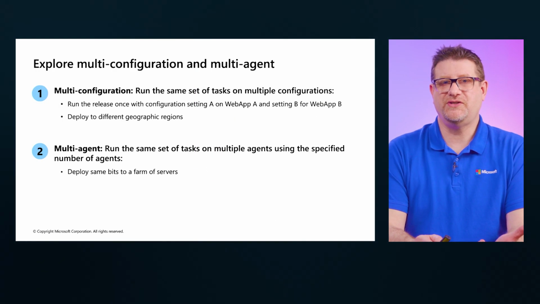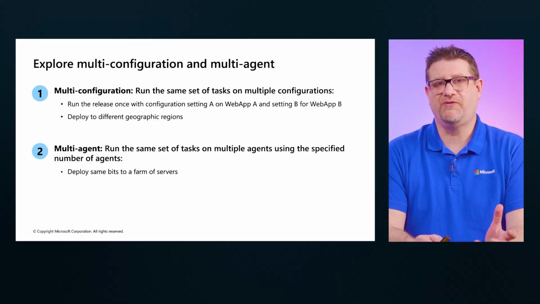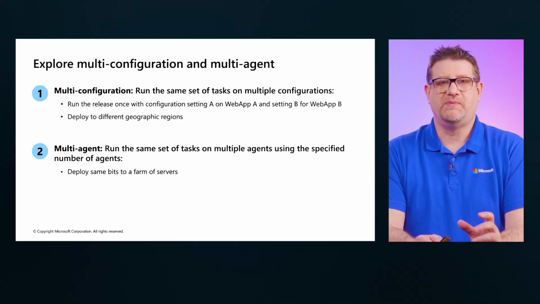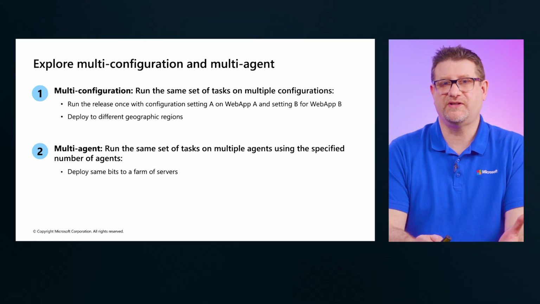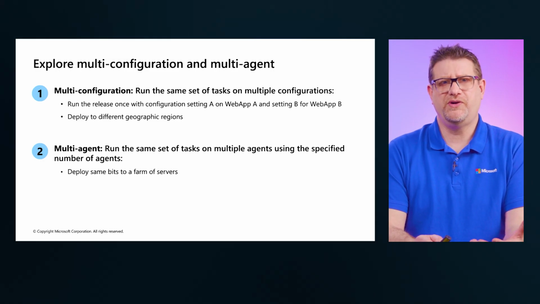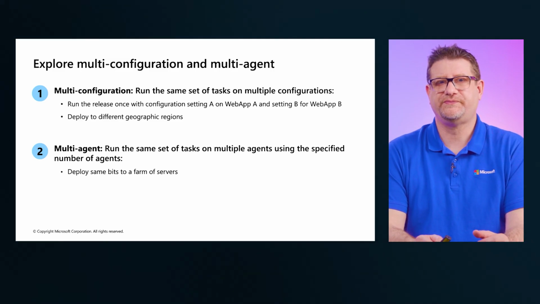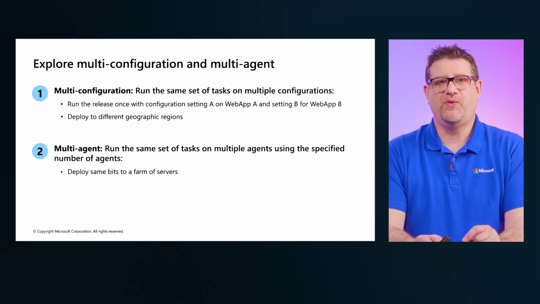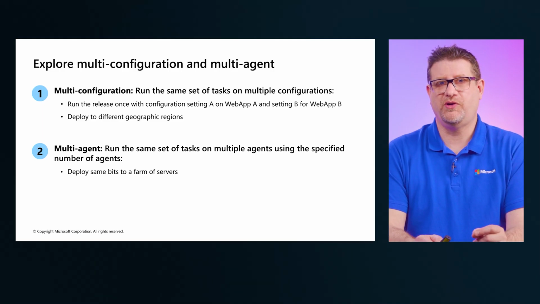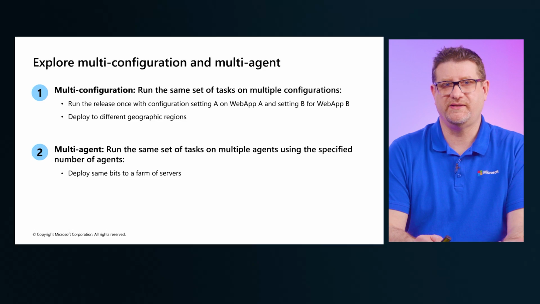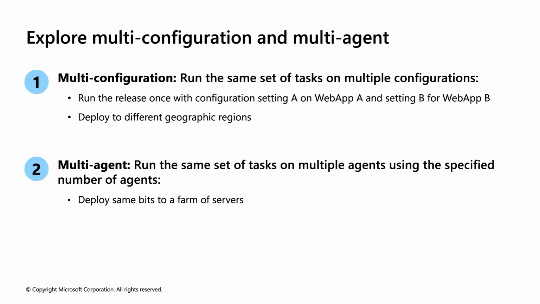Multi-configuration and multi-agent capabilities in Azure Pipelines are powerful features that help teams streamline their builds and deployment processes. Multi-configuration allows us to run the same set of tasks across different configurations. Think of deploying your application to multiple environments or regions with just one pipeline definition. For example, you may want to test your app with different settings or deploy it to both the US and a European data center. This approach ensures consistency and saves time, as you don't need to create separate pipelines for each scenario.